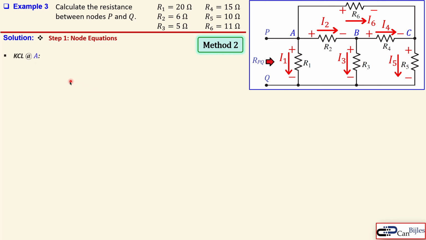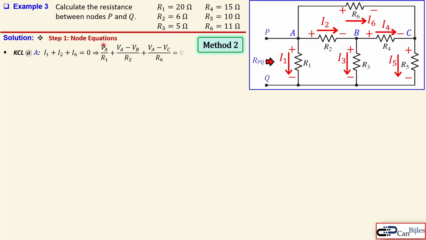So first, the Kirchhoff's current law, or the current node equation at node A. Now what we see is I1 is leaving, I2 is leaving, and I6 is leaving, so we can just add them up in this case and then equate that to 0. That is really the Kirchhoff's current law. And I1, I2, and I6 can be then rewritten as volts over resistance, using Ohm's law.